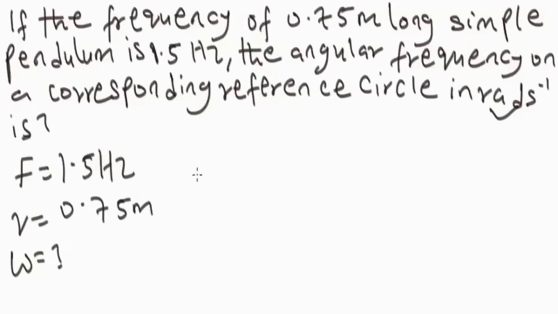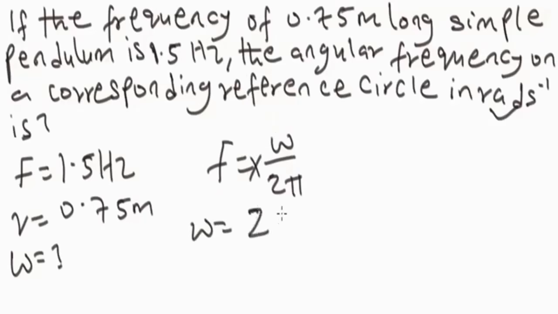Let's use the frequency formula. Frequency equals w over 2 pi. This w, also representing angular frequency, when you cross multiply, will be 2 pi f.